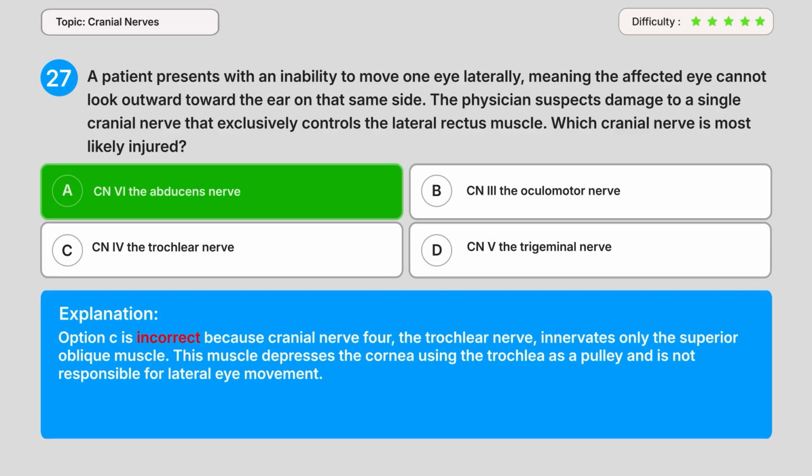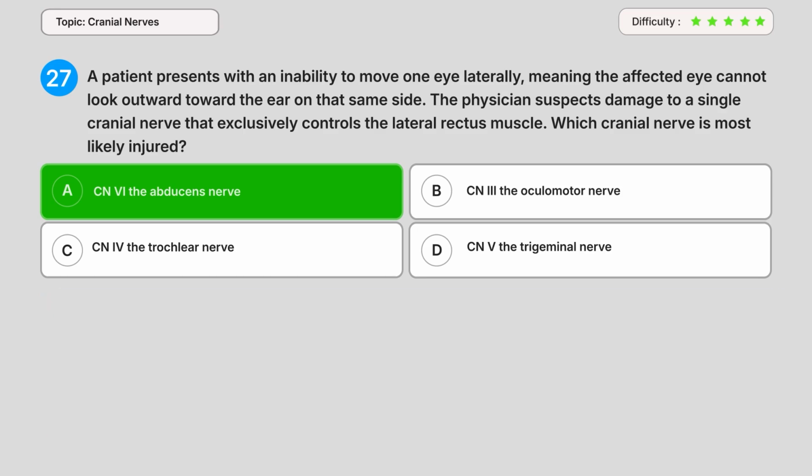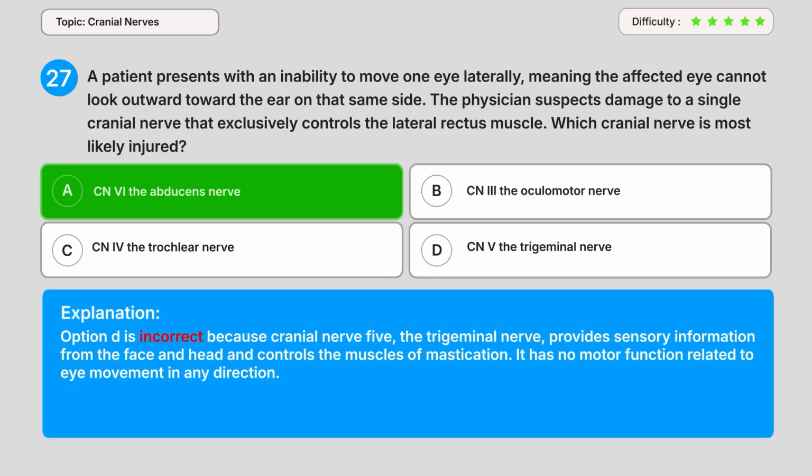This muscle depresses the cornea, using the trochlea as a pulley, and is not responsible for lateral eye movement. Option D is incorrect because cranial nerve 5, the trigeminal nerve, provides sensory information from the face and head and controls the muscles of mastication. It has no motor function related to eye movement in any direction.